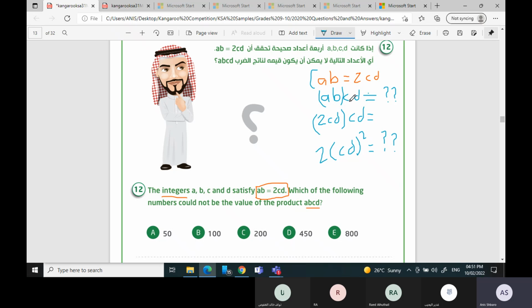If the product of ABCD is equal to 50, then the product of this one is equal to 50 also. So, CD power 2, and of course it's multiplied by 2, is equal to 50.